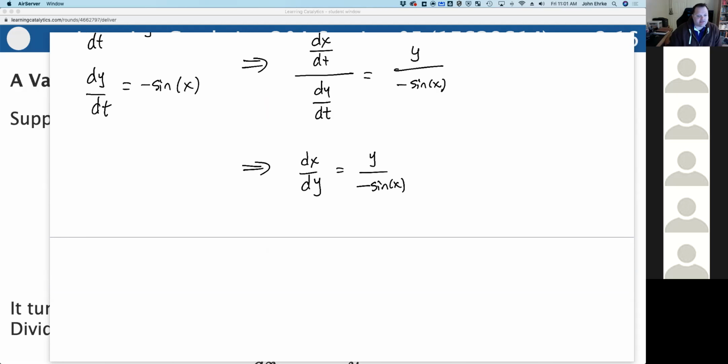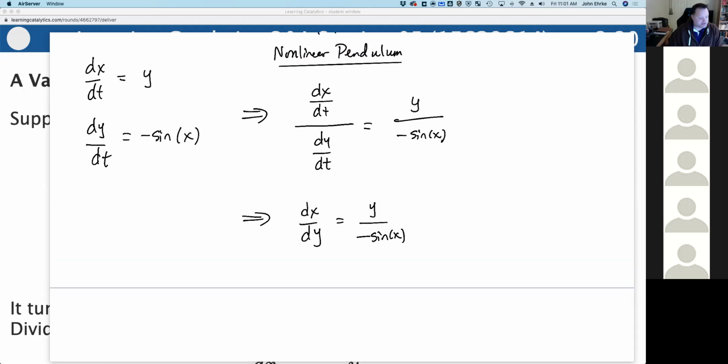Now, why is that significant? What have we managed to do to this system? We managed to turn it into a separable system. So we can actually solve this by hand right here.